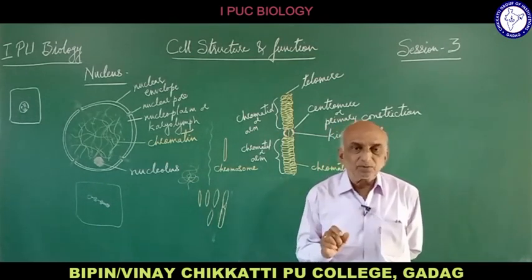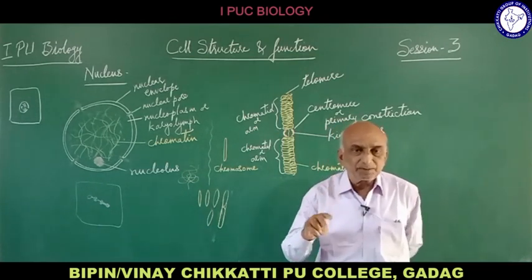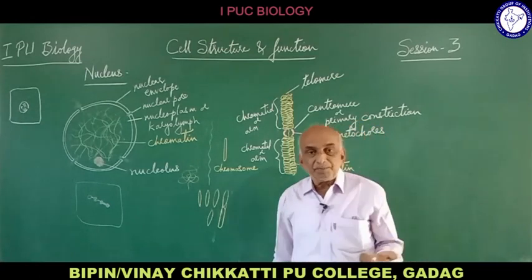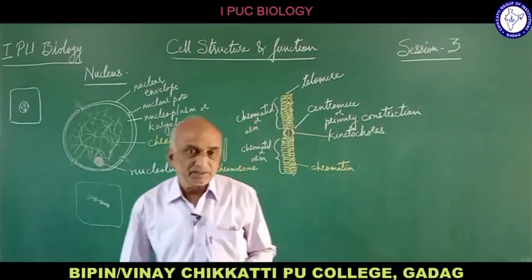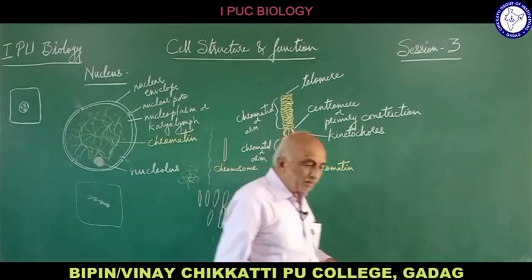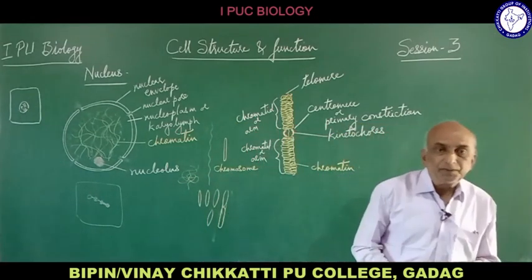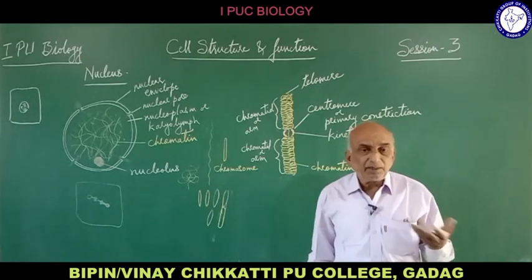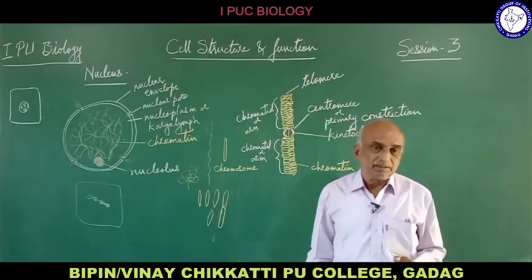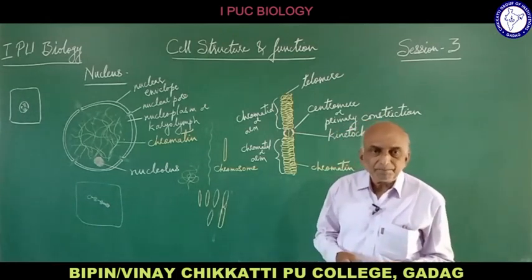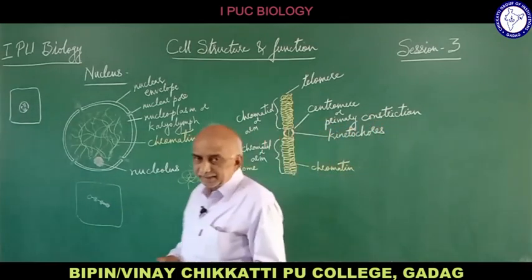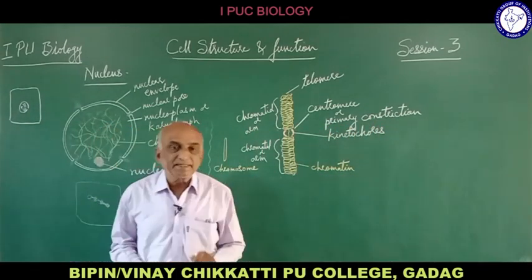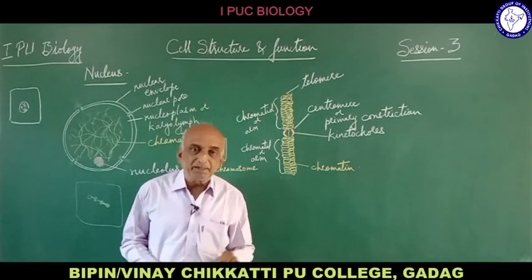Among the 46 chromosomes, when two chromosomes get attached, the number will become 45 chromosomes. So like that the chromosome number will change. If there is a variation in the chromosome number, it will lead to some disorders. So the chromosome number, though they are 46, they should be freely present and they should function independently.